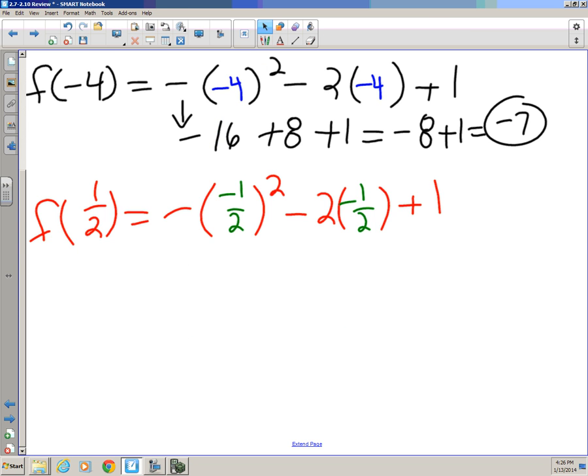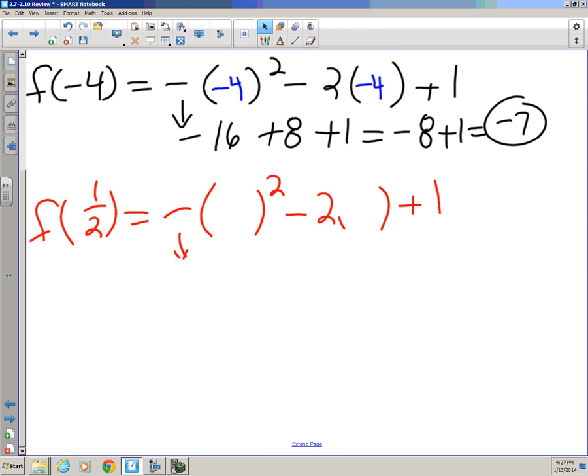And when I evaluate this, -1/2 times itself becomes 1/4, but I have to carry down the negative. -2 times -1/2 is +1 plus 1. You know what? I made one mistake here. Is it -1/2? I made a mistake. It's actually +1/2. So let's fix this. Sorry about that.